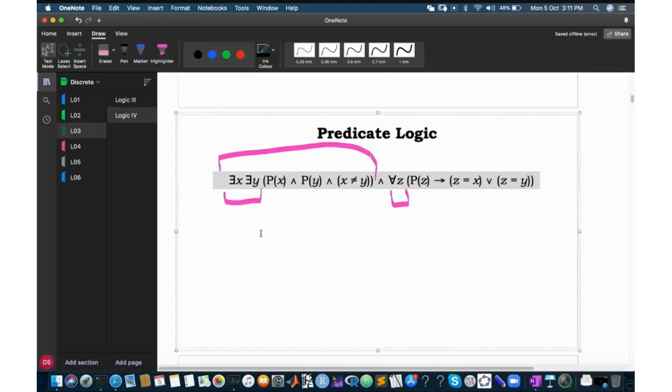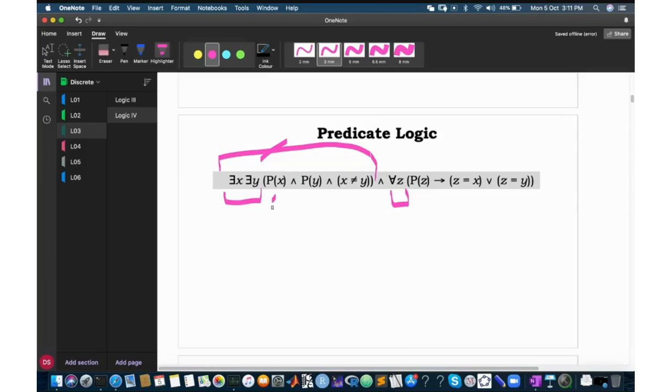Try to see this before I tell you. So the first part is the same as before. The first part is saying that there are two distinct real numbers for which P of X is true, right?